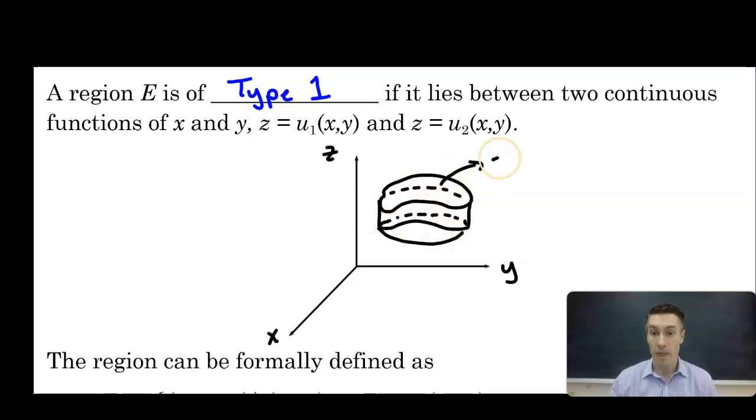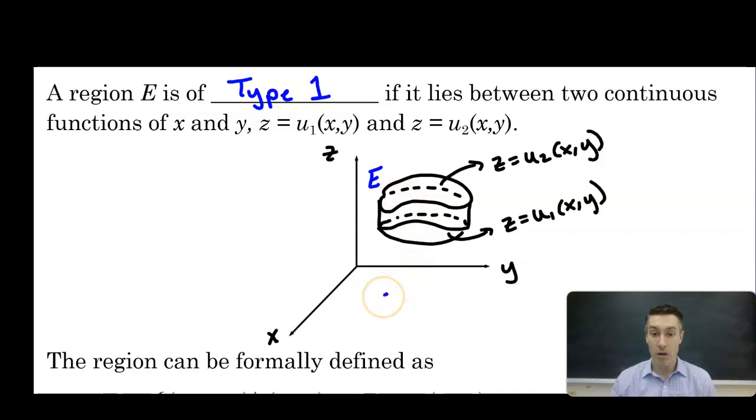On the top, that's z equals u sub 2 of xy, so that's one of the z equal surfaces. And on the bottom, that's z equals u sub 1 of xy. You can make these look however you want. Really, it's just a picture. And then there's some surface that defines the side of this solid, which is going to be important because then once we have defined the region E, we're going to project it down onto the xy plane.